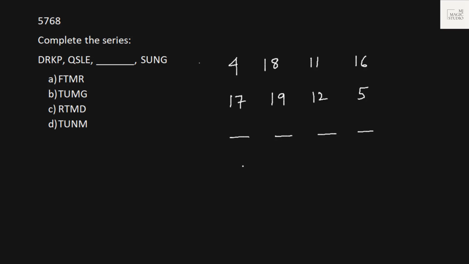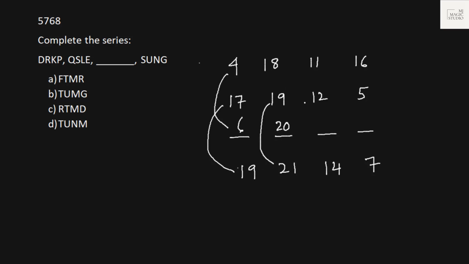And then we have S 19, U 21, N 14, and G 7. So plus 2, if I write 6, this is plus 2. 4 plus 2 is 6, 18 plus 2 is 20, 11 plus 2 is 13, 16 plus 2 is 18.